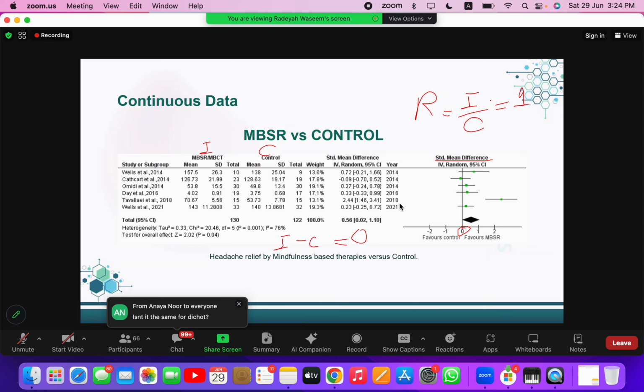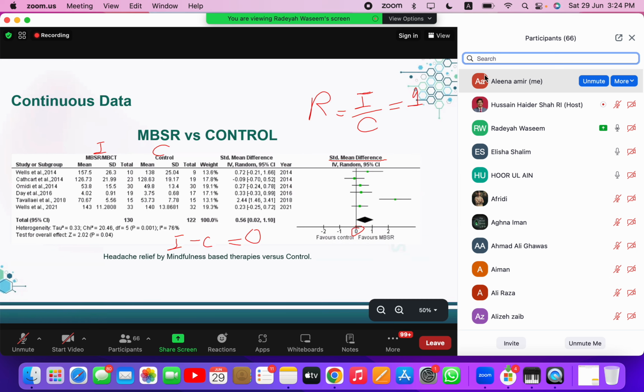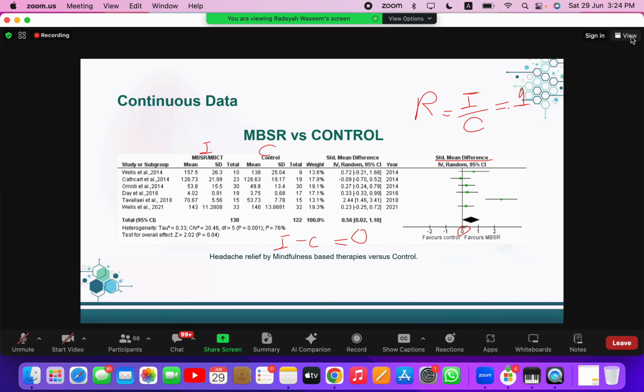When the outcomes are the same in the intervention group and the control group for dichotomous data, where we calculate effect sizes as ratios, the ratio will be 1. But if the outcomes are equal for the intervention and control group for continuous outcomes, you calculate the mean difference, be it standard mean difference or weighted mean difference.